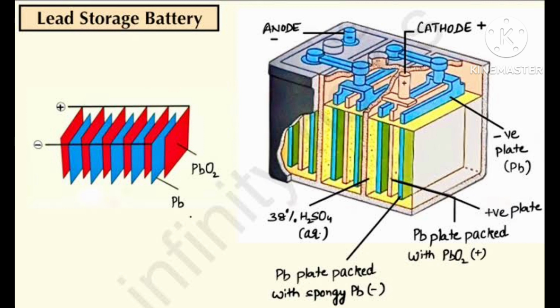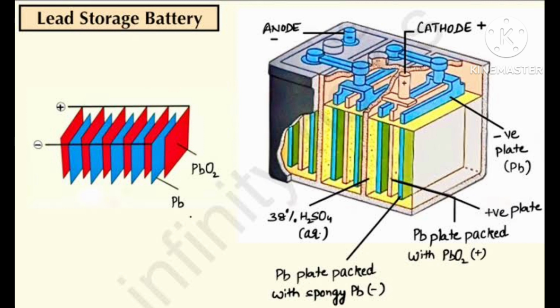But in addition, the electron released at anode will be taken up by cathode. At cathode that electron will be used, and this electron is the root cause for current.